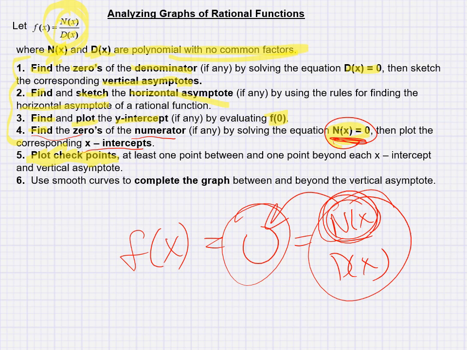Normally your rule is at least 1 point between and beyond each x-intercept and vertical asymptote, but we'll talk about that as we go. And then finally, connect this all together with smooth curves to complete your graph. Okay? So these will be the 6 steps we'll follow in order to analyze the graph of a rational function.